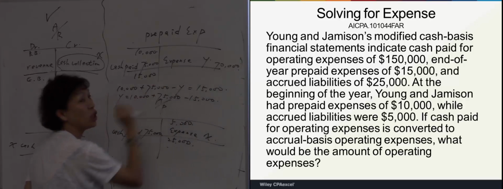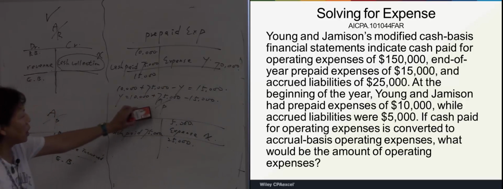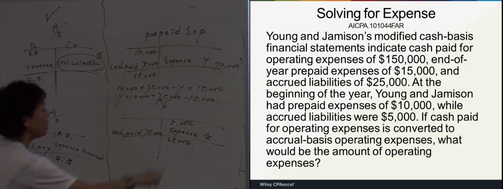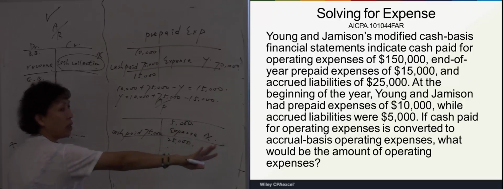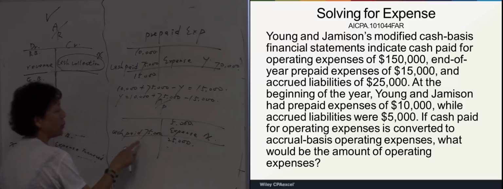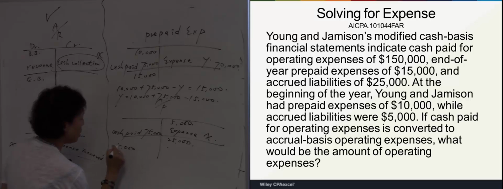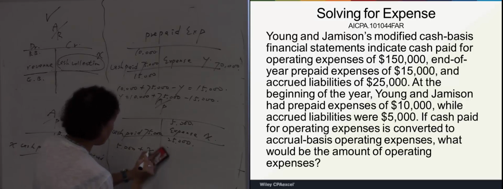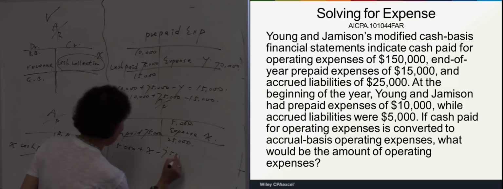So we put 70,000 here. That's the expense incurred. And here, accounts payable is a liability account. The normal side is the credit side, so whatever amount shown in credit is positive and whatever amount shown in debit is negative. So we have 5,000 plus x minus 75,000 equals 25,000.